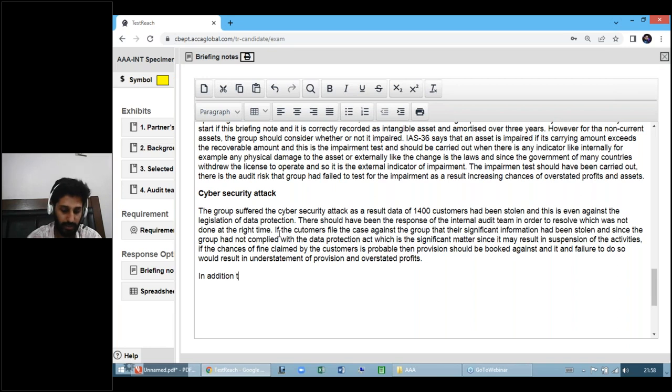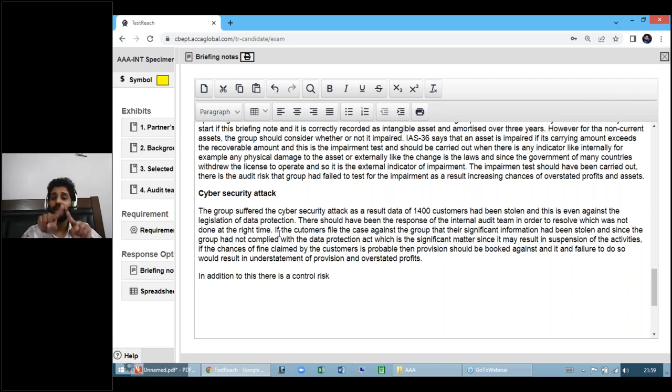In addition to this, there is a control risk, and since their data is being stolen, now this is a very important risk. I'm going to add this with the cyber security attack. That means their IT controls are not adequate. I'm giving you a practical example, like Amazon, Alibaba, or any other authentic online channel. If you buy any product, you are paying in advance, right?